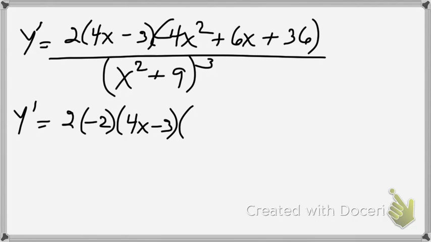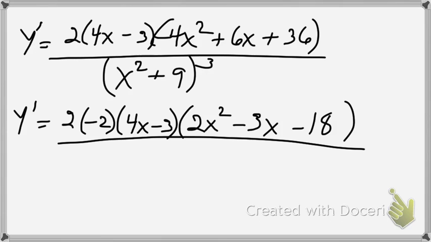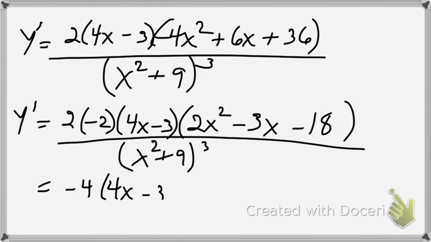If I'm dividing negative 4x squared by negative 2, I'm left with positive 2x squared. 6x divided by negative 2, we're changing all the signs since we're taking out a negative. 36 divided by negative 2, and this is all over x squared plus 9 cubed. That's the same as negative 4 times whatever remains.